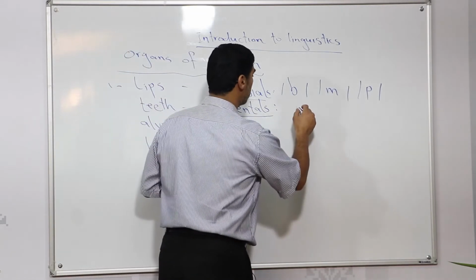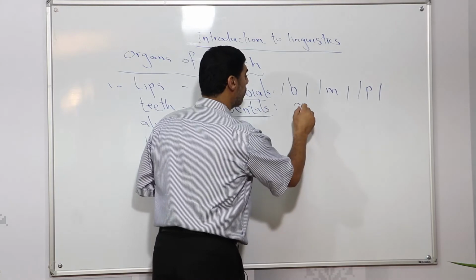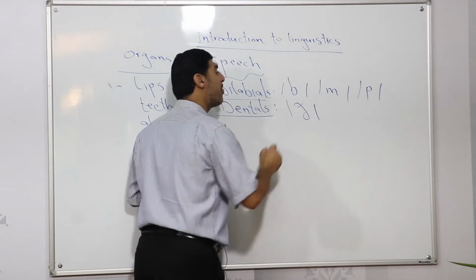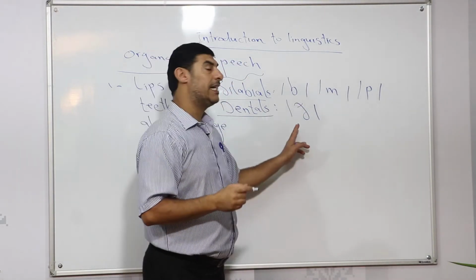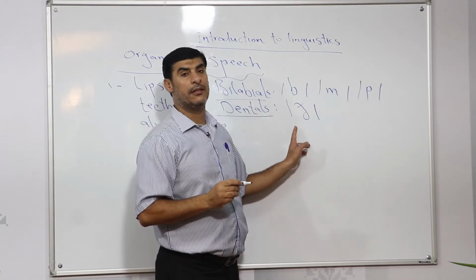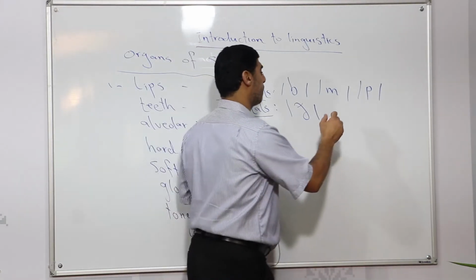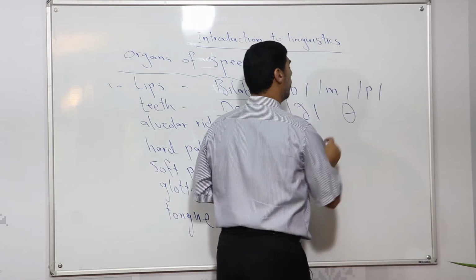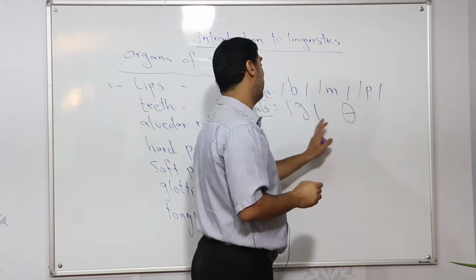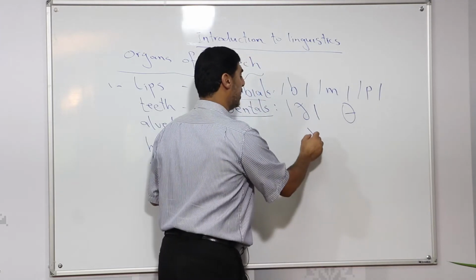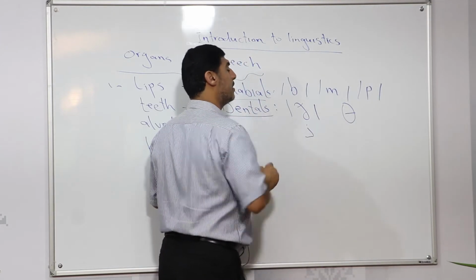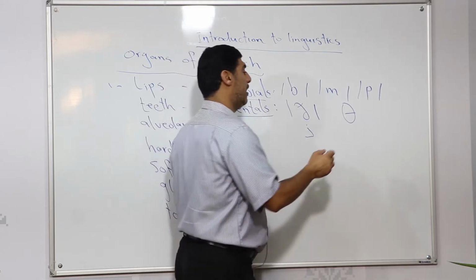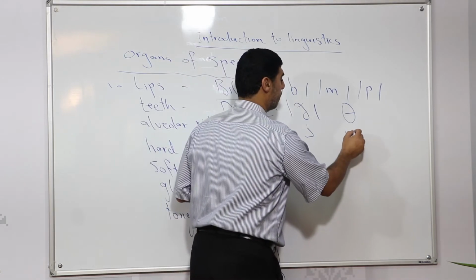So we have this: theta, and the word think. And this is the voiced th, it equals in Arabic this sound, ذ, and this is ث.